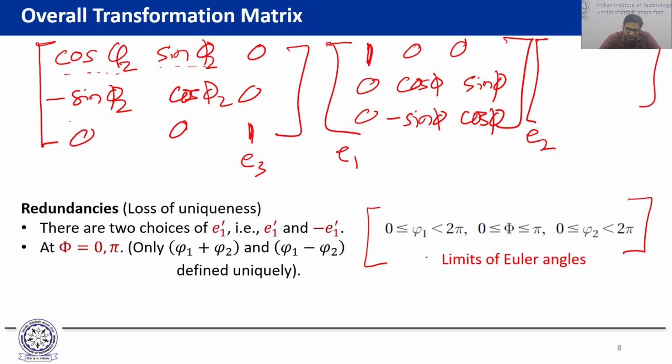So this Euler angles would be such that your phi 1 has to lie between 0 and 2 pi. Phi, which is the second rotation, lies between 0 and pi, and then again the third rotation, phi 2, is going to lie between 0 and 2 pi. So these are basically going to be the limits of your Euler angle.